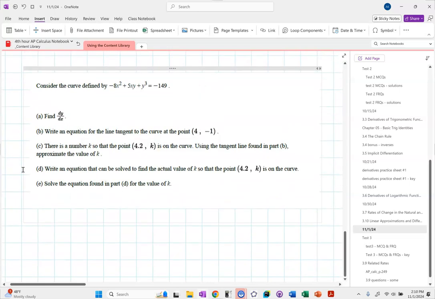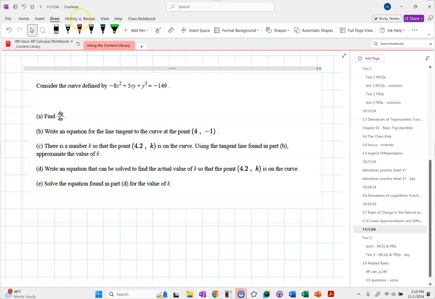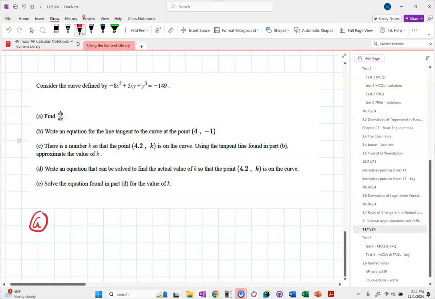All right. So this is a free response question that I put in the test practice problems. So you should recognize this as an implicit differentiation problem, right?